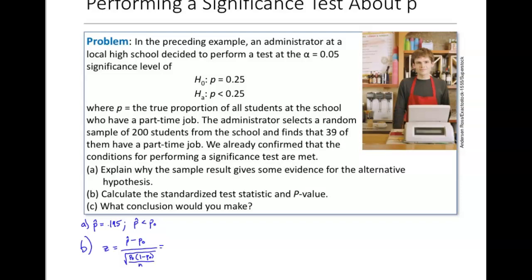All right, so for us that comes out to 0.195 minus 0.25 divided by the square root of 0.25 times 0.75 over 200. All right, so I'll pop that in the calculator.